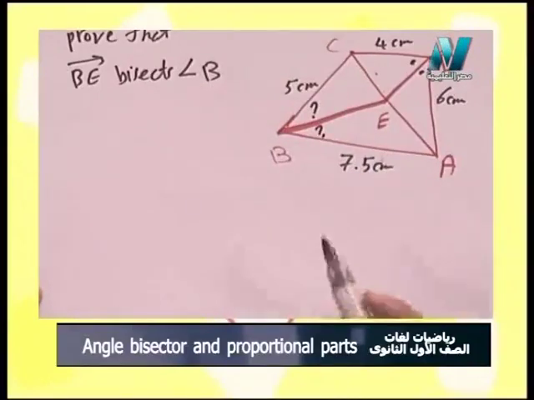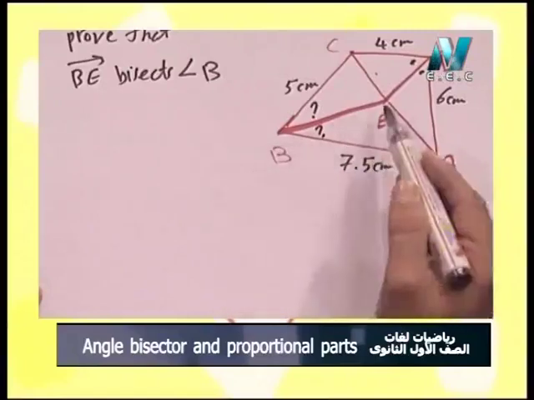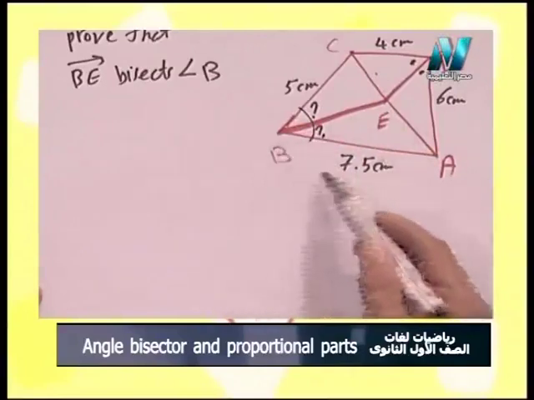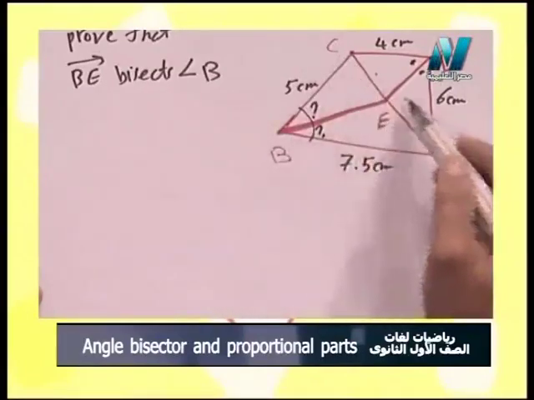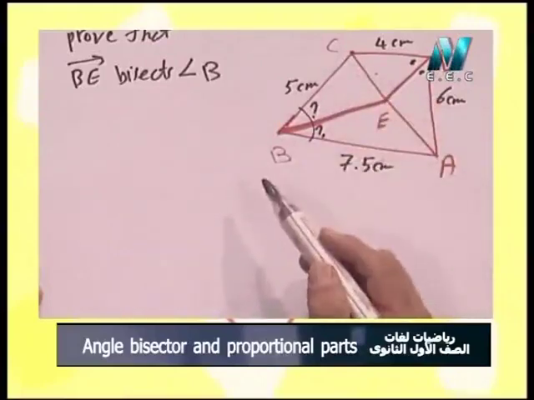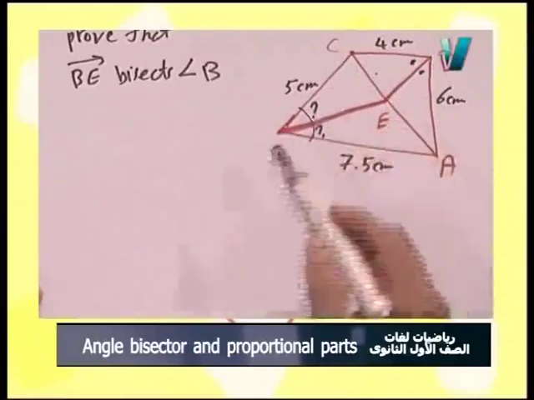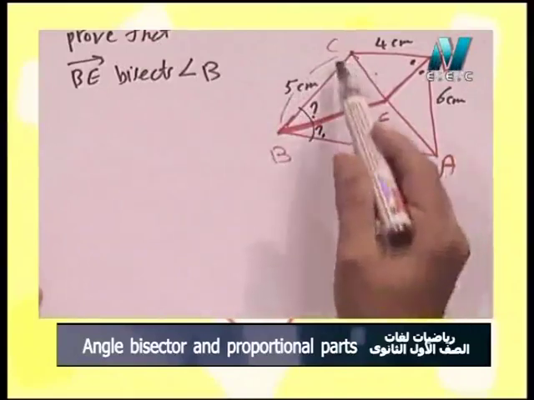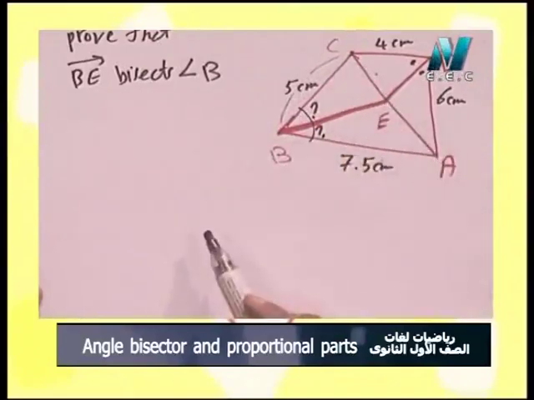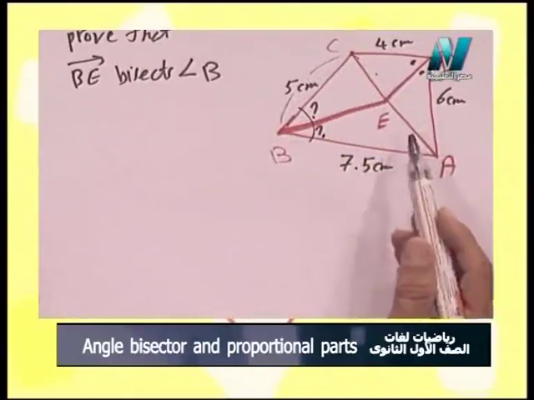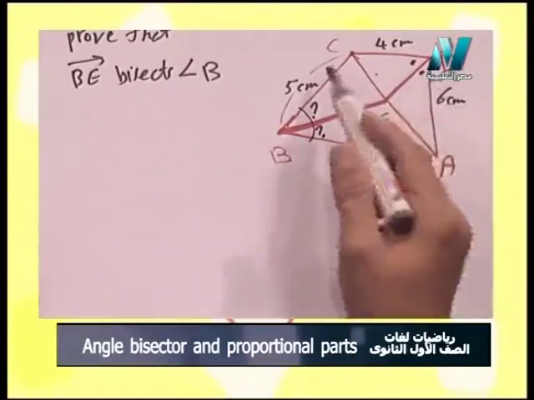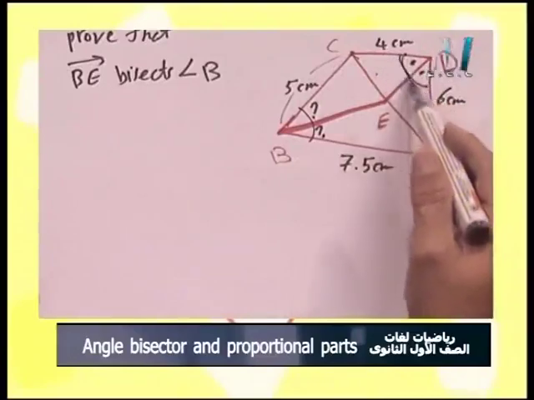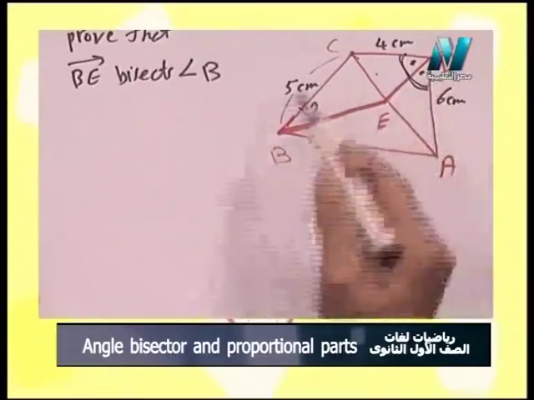We know that if you want to prove that BE bisects the angle B, we must prove that BA over BC equals AE over EC, or if we start from this part, we must prove that BC over BA equals CE over EA. We will use the given parts here. We have DA equals 6 centimeters, DC equals 4 centimeters, as you see, and DE is the interior bisector of the angle D in triangle DAC.